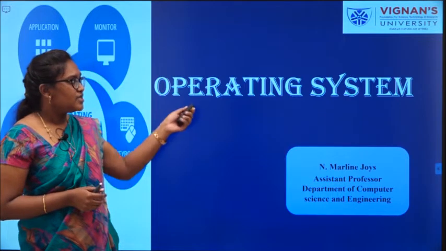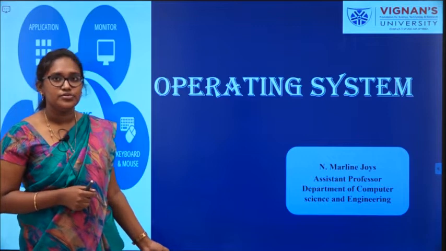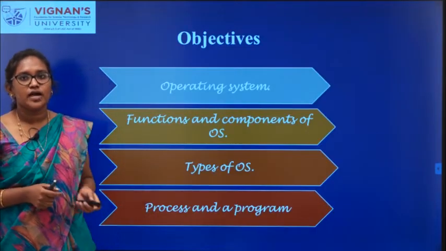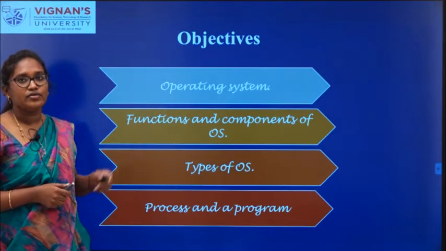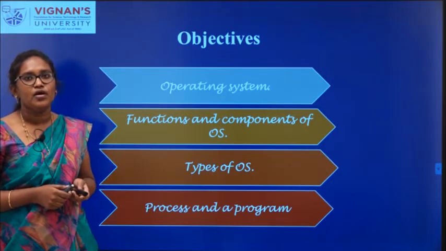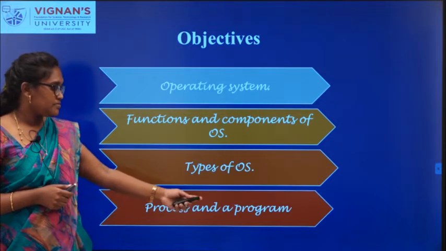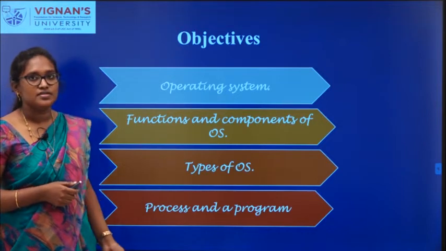We will see what exactly an operating system is in Unit 2. The objectives for today's class are the basic functionality of an operating system, functions and components of an operating system, types of operating system, and the differences between programs and processes. So, we will start with the session.